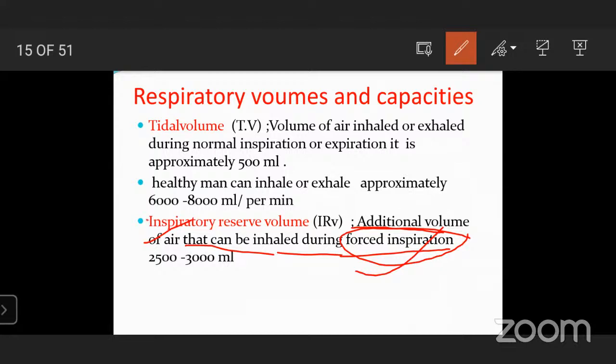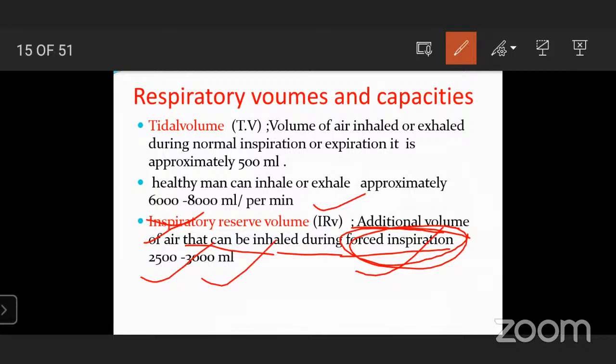The additional volume of air that can be inhaled during forced inspiration is called IRV, inspiratory reserve volume. Okay, right? It is 2,500 to 3,000 ml.